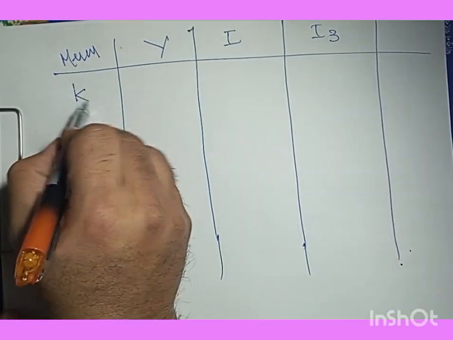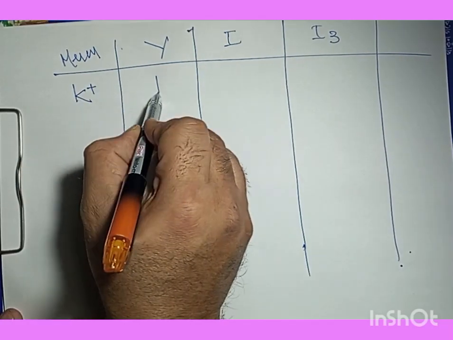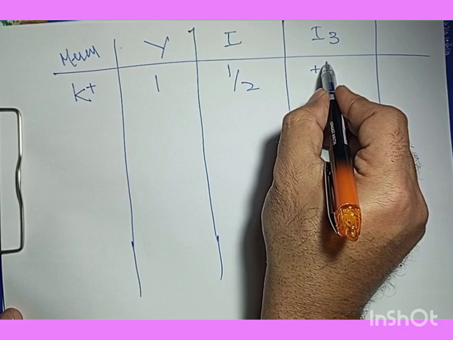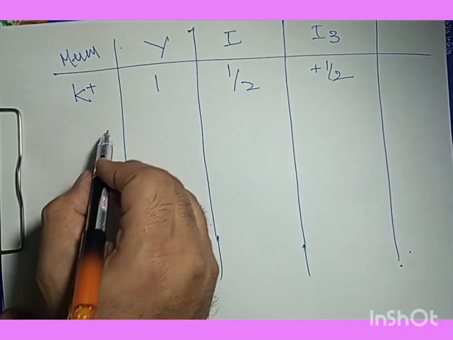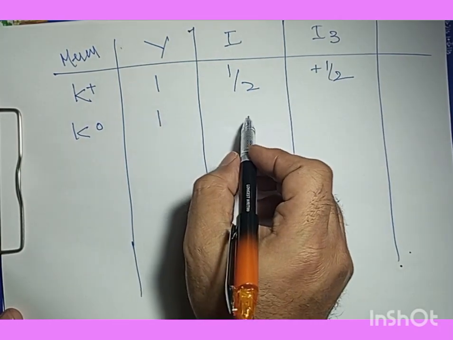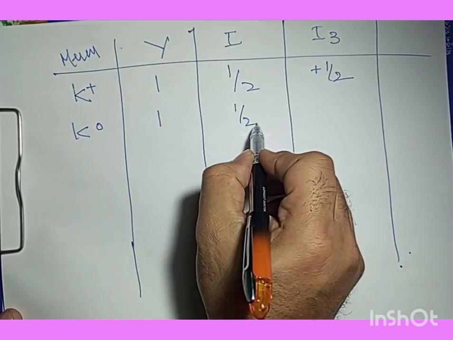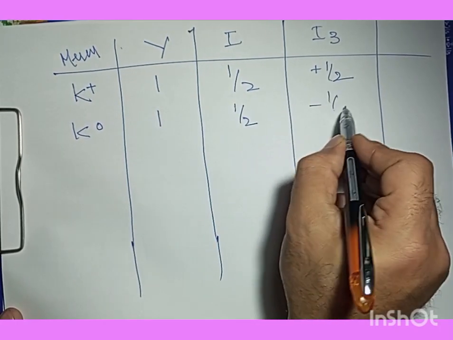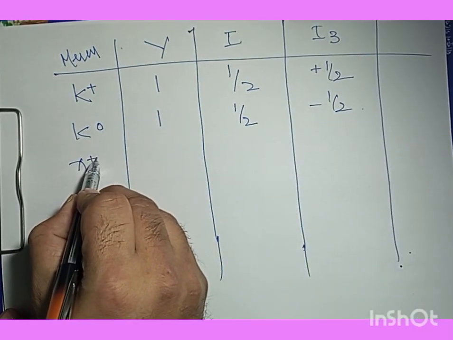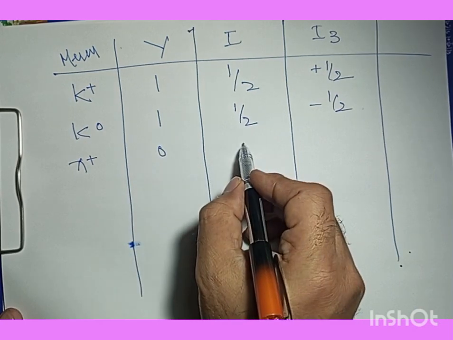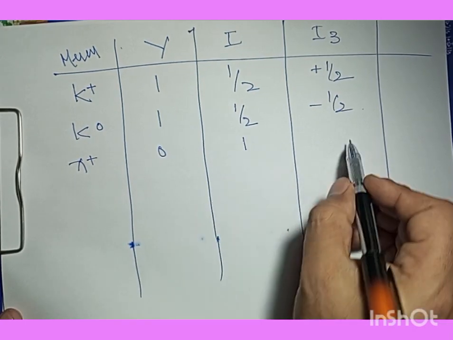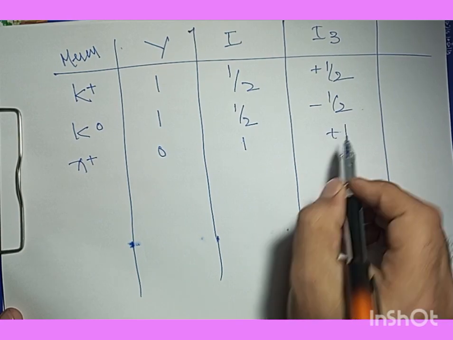Here we have K plus: it has a hypercharge of 1, its I is half, and its I3 is half. Then K0: its hypercharge is 1, its isospin is half, and its I3 is minus half. Then pi plus: its hypercharge is 0, its isospin is 1, and its I3 is plus 1.